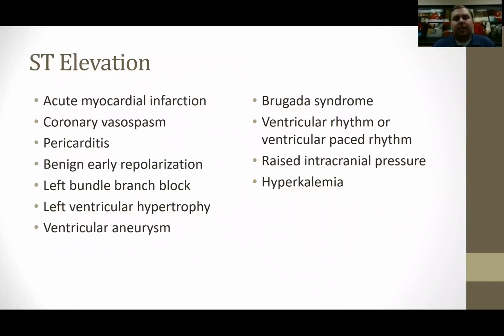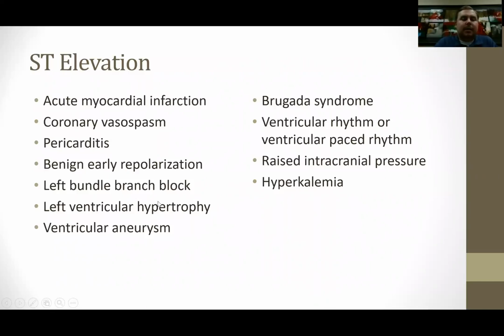And we'll talk about Scarborough criteria in a little bit, and that is pretty evident. Left bundle branch block, so the wider your QRS gets, also causes more likelihood of ST deviations in the opposite way. So left bundle branch block causes a wide QRS, so it's going to cause ST deviations. LVH also causes widening and really big complexes, so you're going to have both of those added in together.